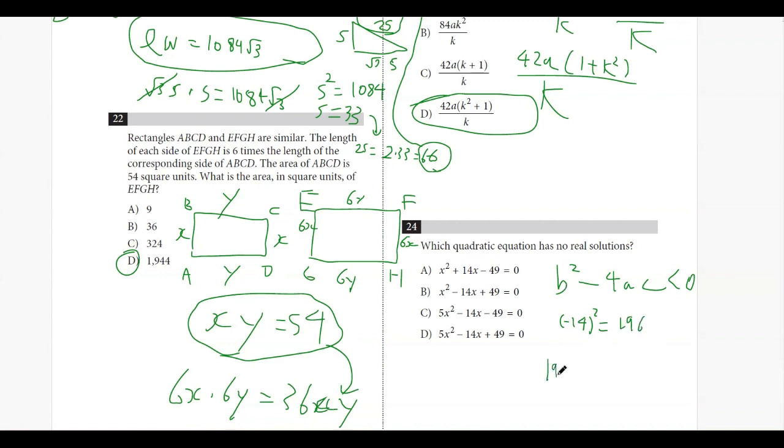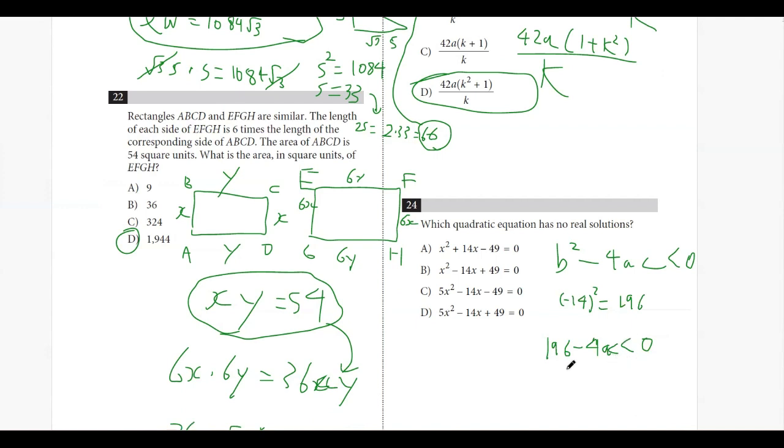So 196 minus 4 times A times C, and we're going to have to figure out which value of A and C satisfies this.